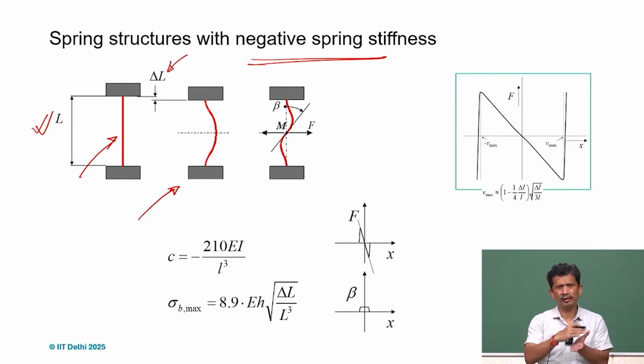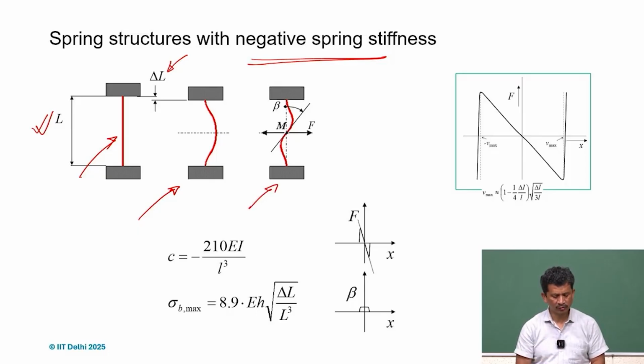Because it's already compressed, in order to accommodate that delta L, it has to deform, so it will get buckled. Most of the time we talk about the fundamental mode, the first mode, but there can be various modes also. For instance in this case, other modes can also be possible depending on how we manipulate.